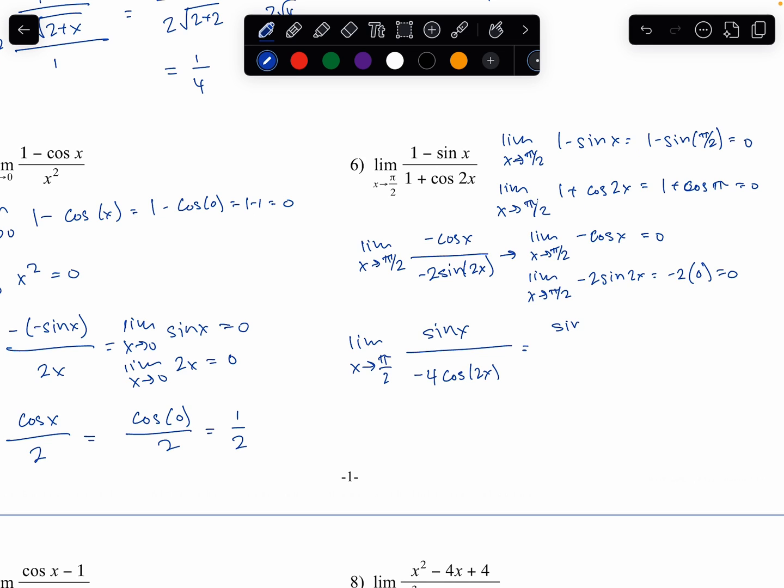So I get sine of pi over 2 over negative 4 cosine of, now when I plug in pi over 2, I'll just get pi. And so sine of pi over 2 is 1 over negative 4 cosine of pi. Cosine of pi is negative 1, so this becomes negative 4, so negative 1/4.